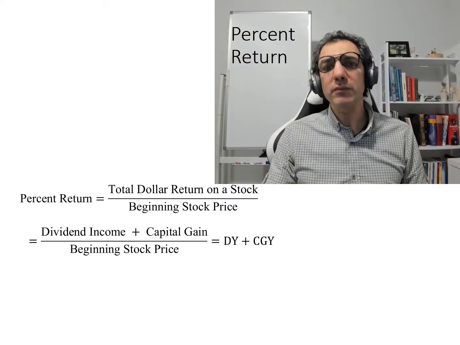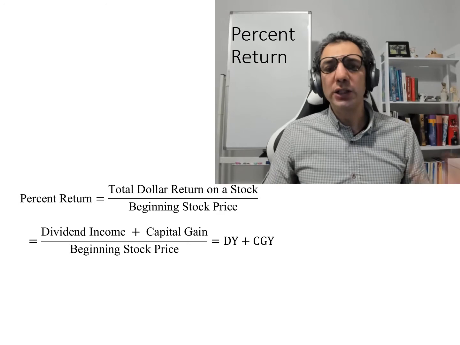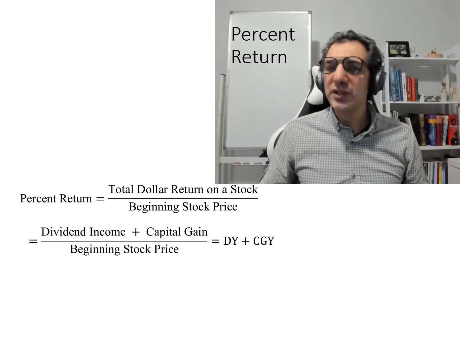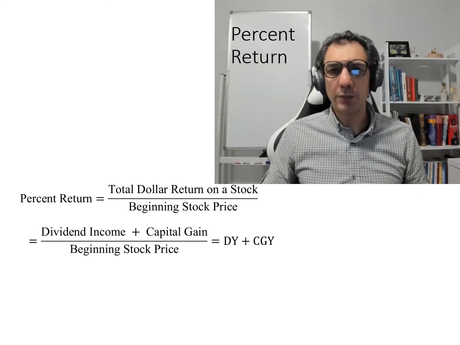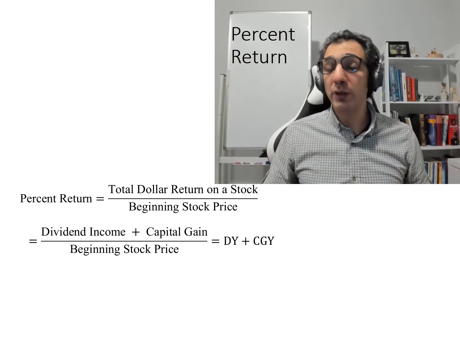But most of the time we are not concerned about the dollar return. We are more interested in the percent return. Based on this dollar return, we can calculate the percent return. You simply need to divide the dollar return you calculated in the previous step by your beginning stock price. In my example, you paid $20.